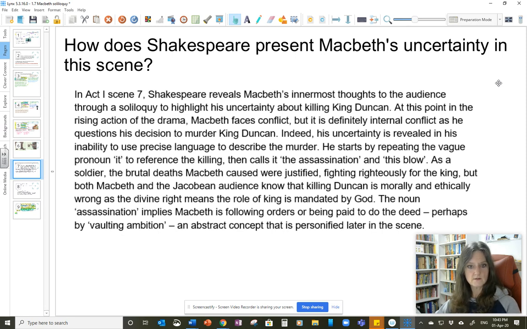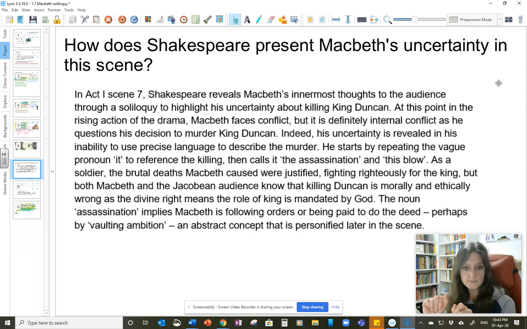So, pause the video, have a look through that, and see again if you can annotate for AO1, AO2, and AO3. AO1 is being able to use quotations to justify your argument. It's about being able to put your understanding into a fluent and critical essay. AO2 is all about analysing language, form, and structure.